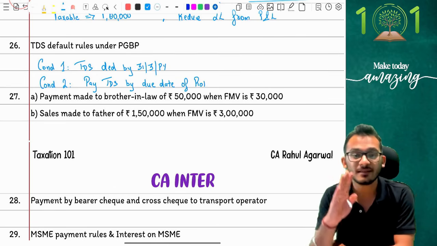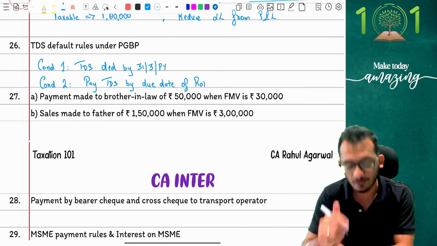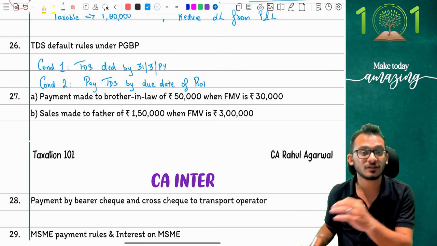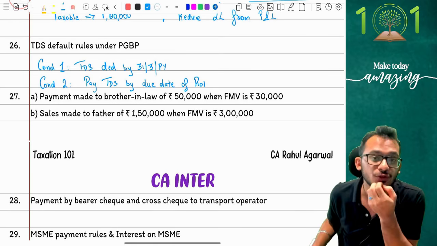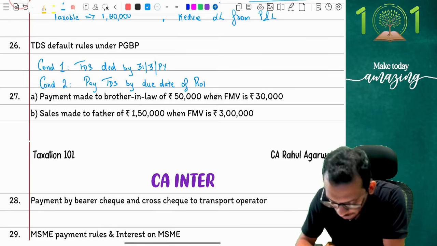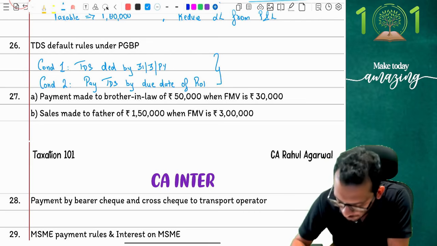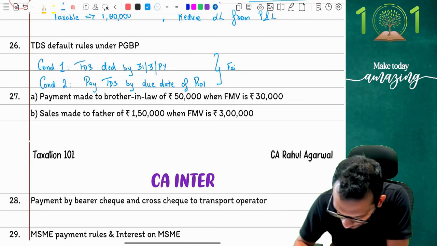So income tax basically comes and says there are 2 conditions to be fulfilled. Condition number 1 is you should have had the TDS deducted by 31st March of previous year. And condition number 2 is you should have paid the TDS by 31st October of the assessment year, which is nothing but the due date of ROI. If you fail to do so, then what are you going to do?